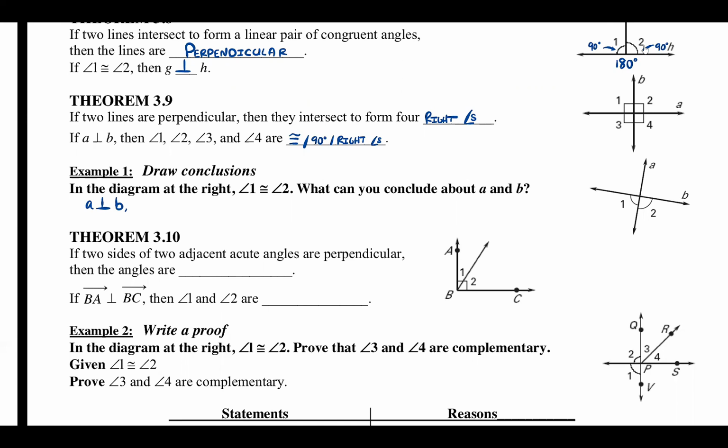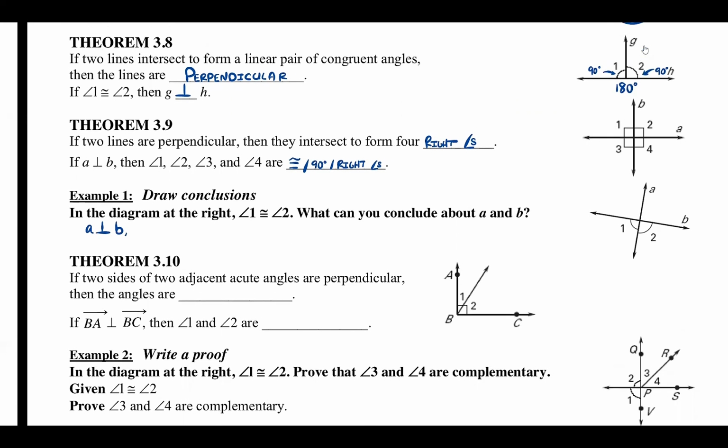This is where it gets weird. They just start naming. They ran out of cool names for them. Which one? 3.8 or 3.9? 3.8 shows that a linear pair with congruent angles is perpendicular, or 3.9? So theorem 3.8.